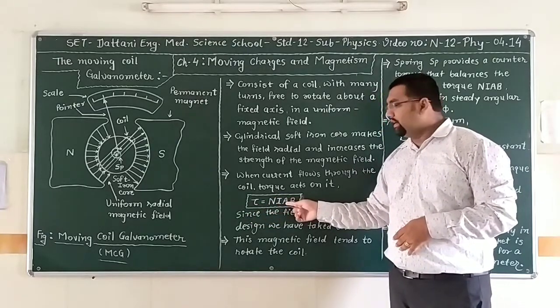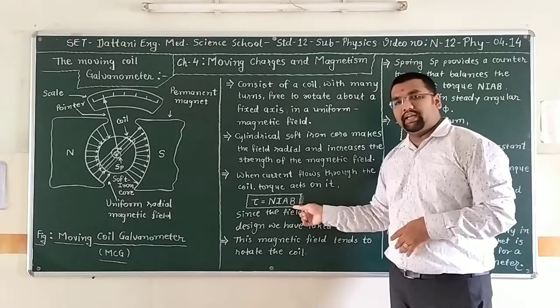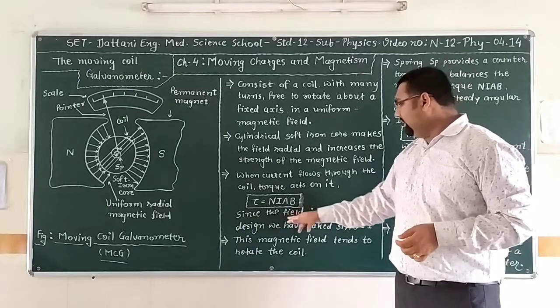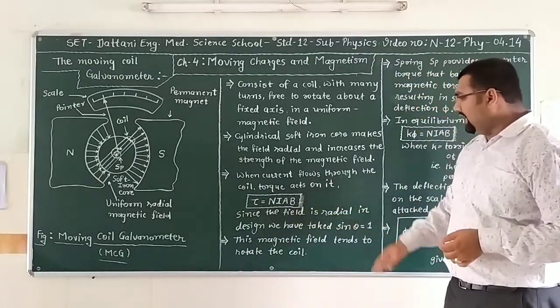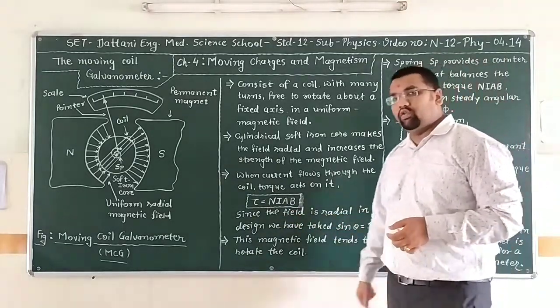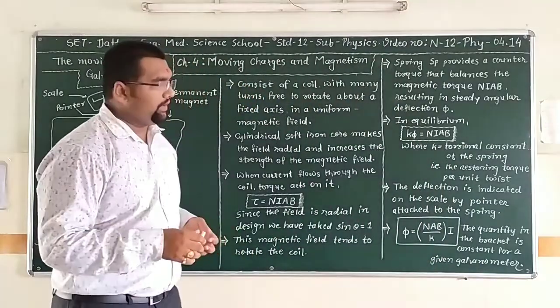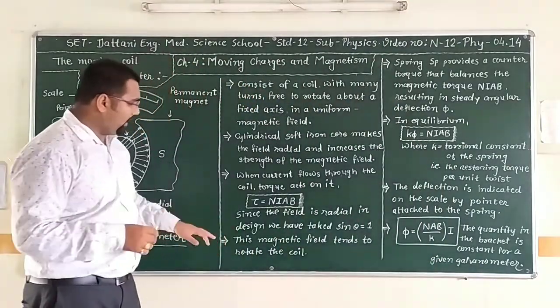Here A is the area, B is magnetic field, I is current, and N is number of turns. Since the field is radial, we have taken sin theta equal to 1.